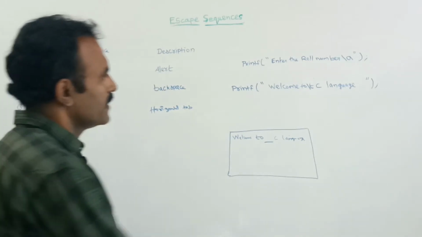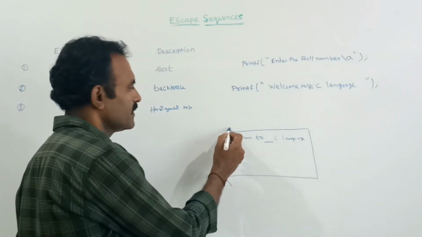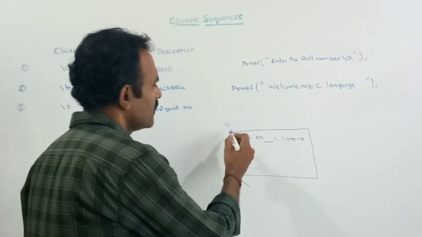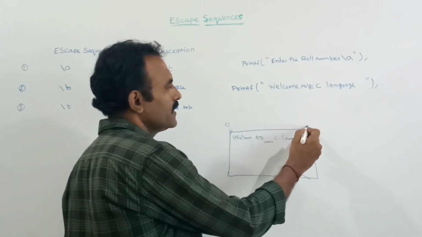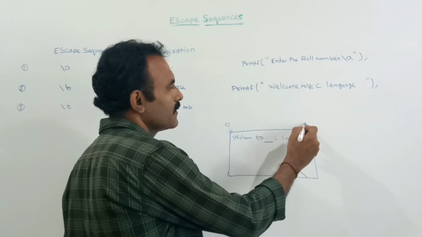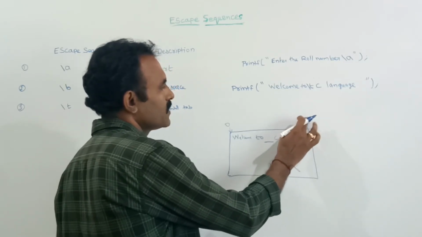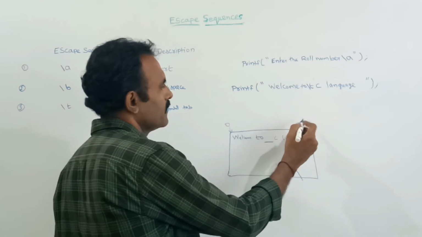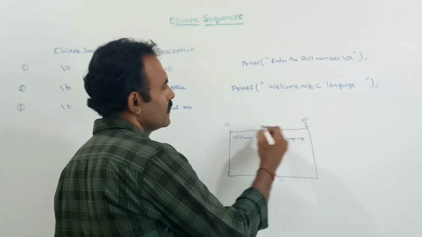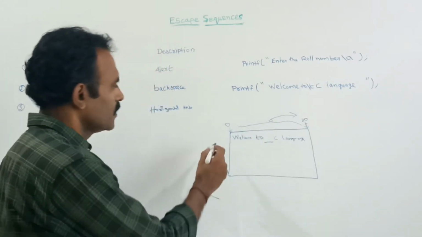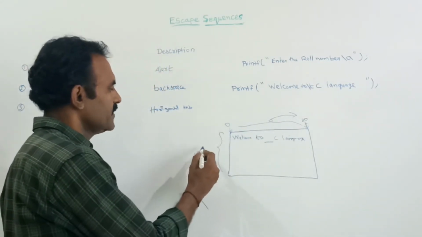On the screen, it starts from pixel 0 up to 79, so the total is 80 columns and 25 rows.